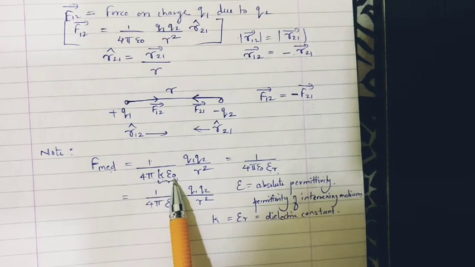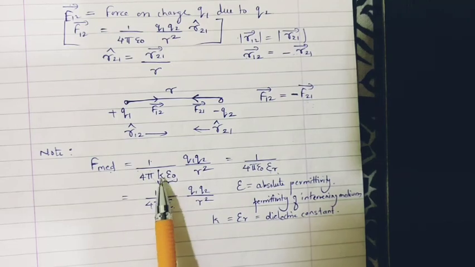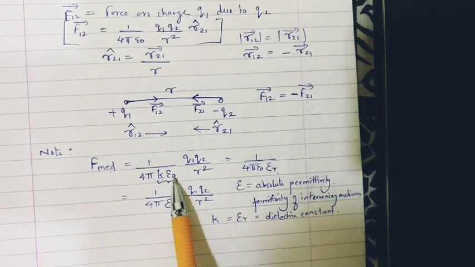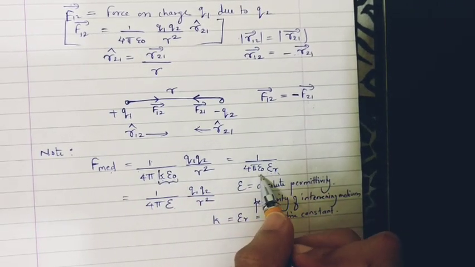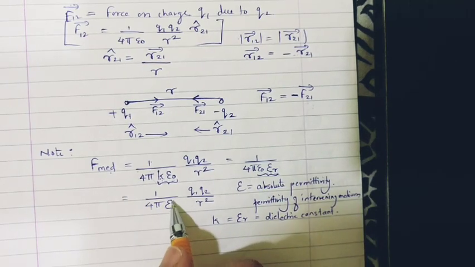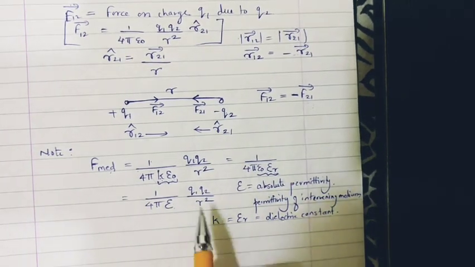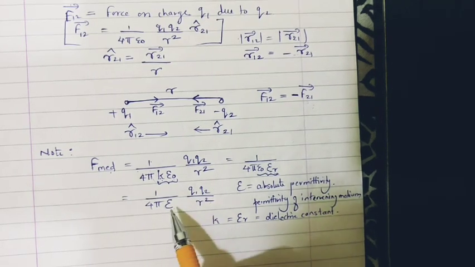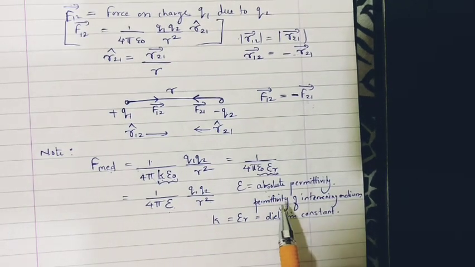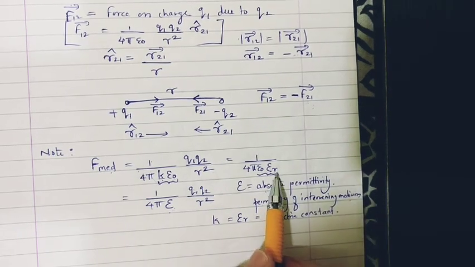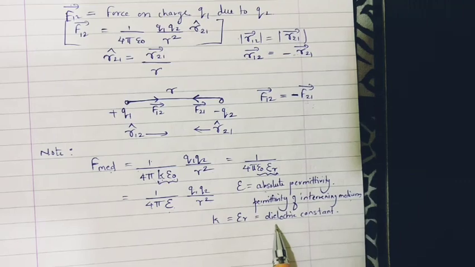This k can also be written as epsilon R, or k epsilon naught together, or epsilon naught epsilon R together can be written as epsilon, a single epsilon without any suffix, Q1 Q2 upon R square, where this epsilon is called absolute permittivity or permittivity of intervening medium, and this epsilon R or k is called as the dielectric constant.